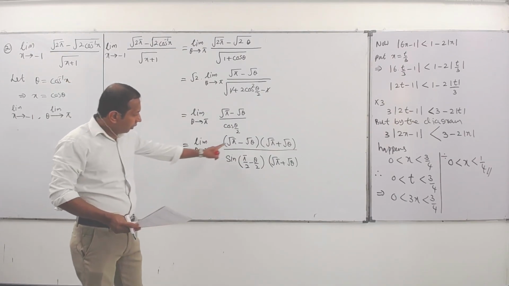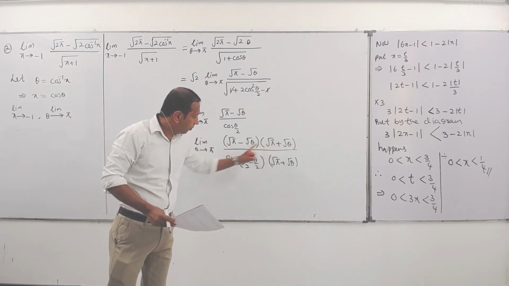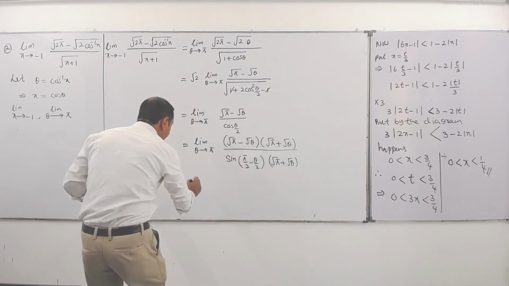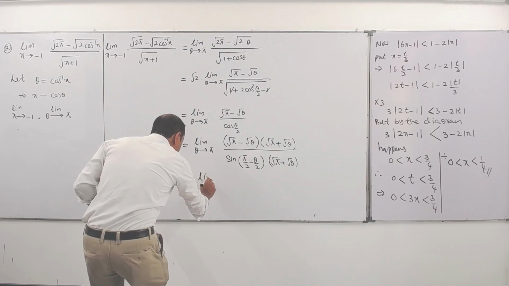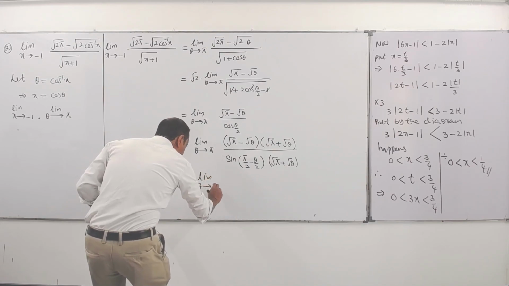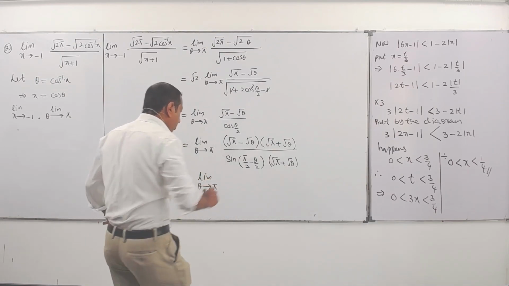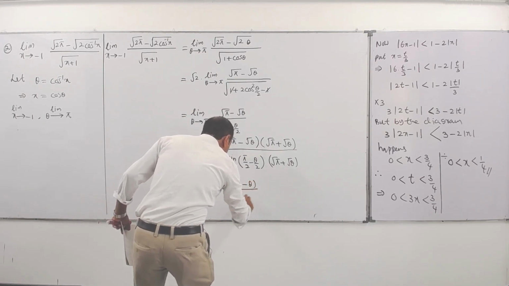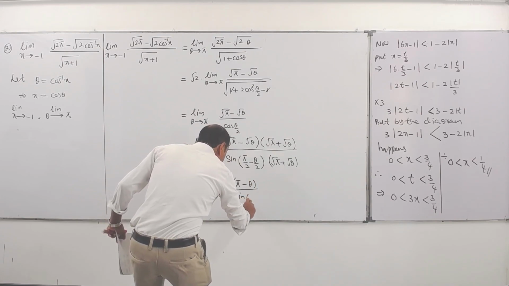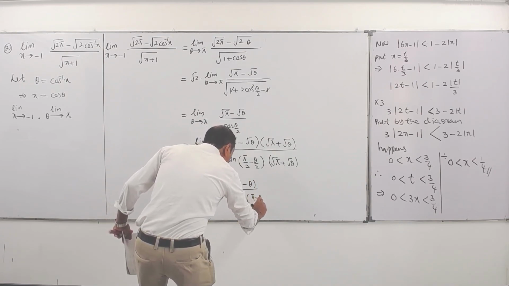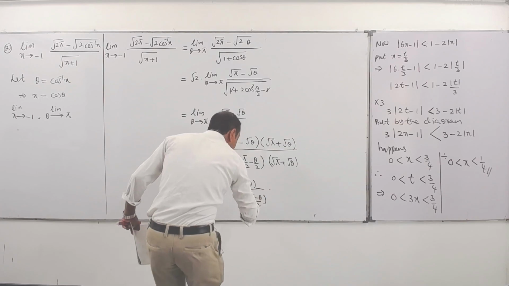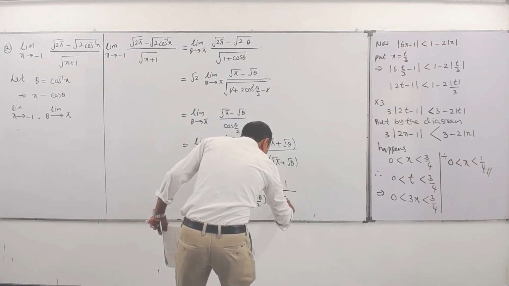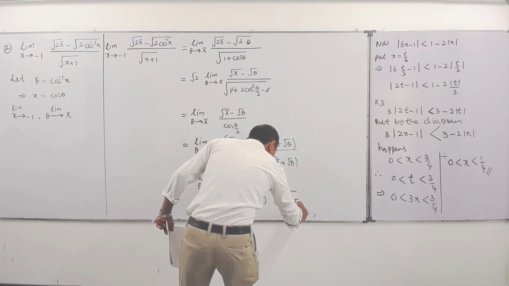Now this I can write: (a − b)(a + b) means a² − b², so π − theta. Right? Limit theta going to π of (π − theta) divided by sin((π − theta)/2), into 1 over (root π plus root theta).